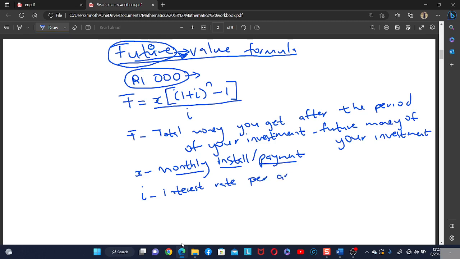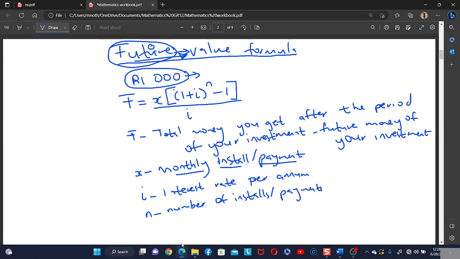Okay, this is the interest rate per annum. And then we have n. n stands for the number of installments or payments.